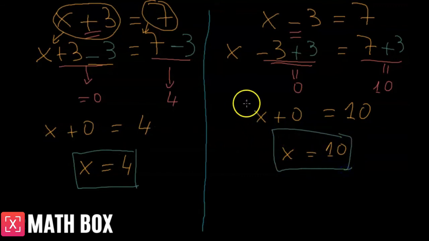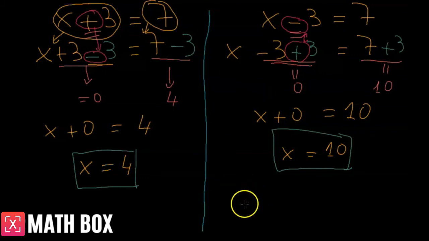So notice here the difference. Here I had the sign plus, so I subtract, sign minus. Here I had the sign minus, but instead of subtraction I did addition, so I add. So the general rule is the following.